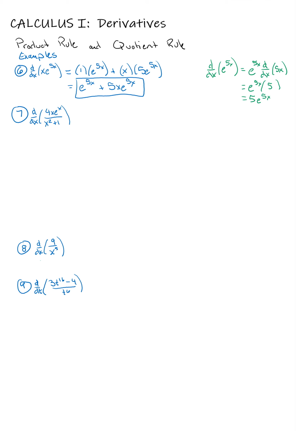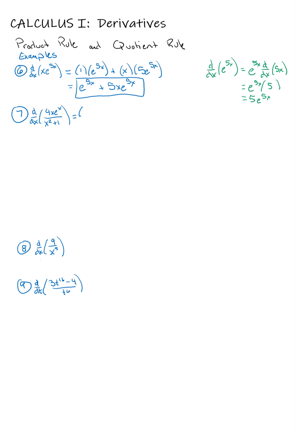According to the quotient rule, I'll take the derivative of the numerator. So that's where we're going to start. I'm going to take the derivative of this numerator, but notice the numerator, that's a product. So here I've got to use the product rule inside the quotient rule. According to my product rule, I've got 4x as my first function and e to the x as my second function.